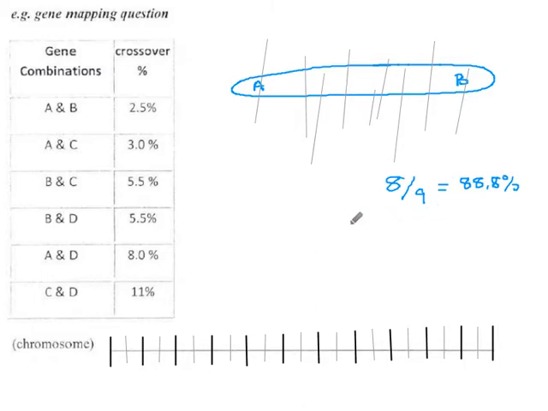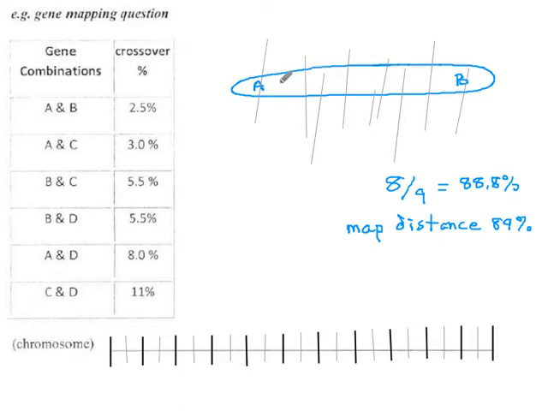And from that, we get what we say their map distance is, let's round it, 89%. So when we're drawing the chromosome, we'll draw these two genes, A and B, 89 units away from each other.